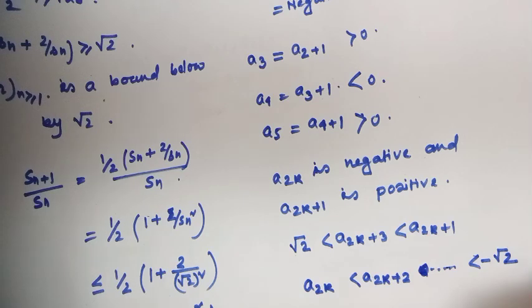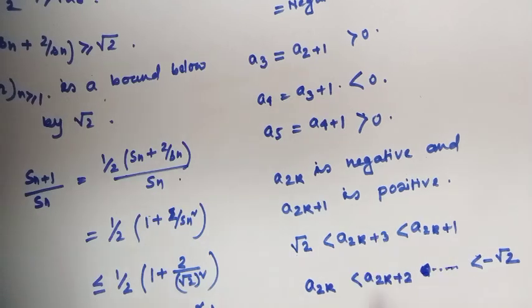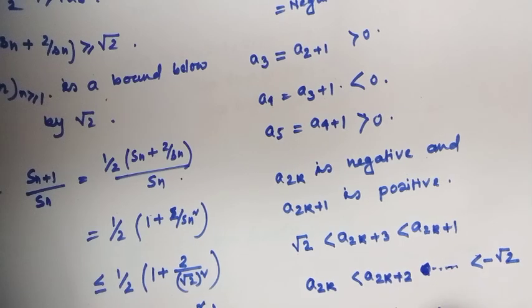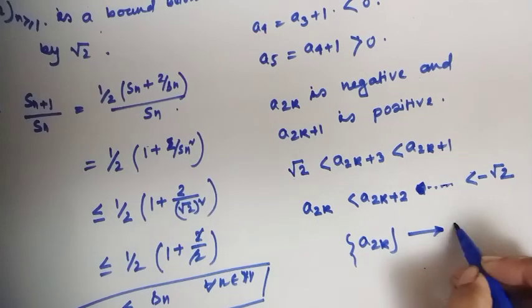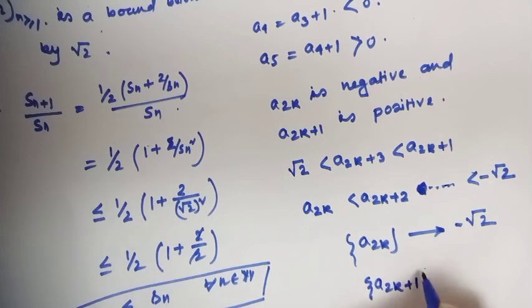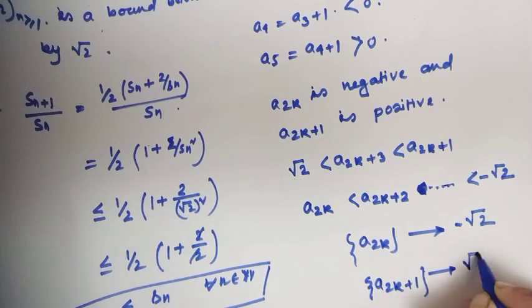That means we have got two subsequences, the subsequence of even terms and the subsequence of odd terms. The subsequence of even terms converges to minus the square root of 2, and the subsequence of odd terms a_{2k+1} converges to the square root of 2.